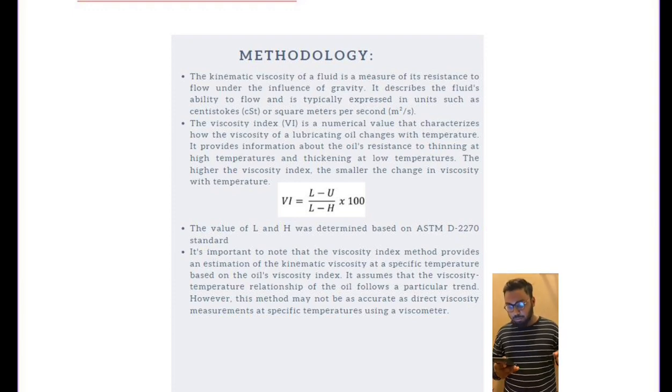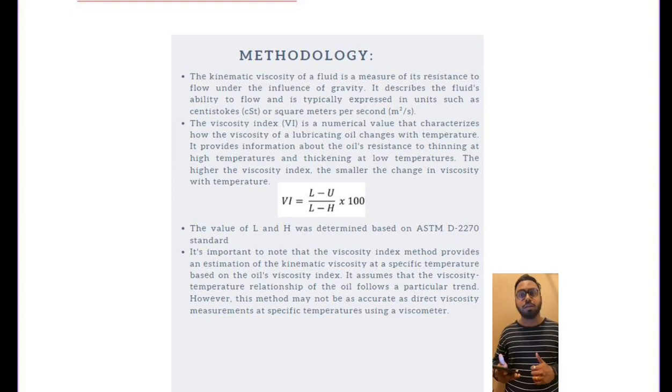It assumes that the viscosity-temperature relationship of the oil follows a particular trend. However, this method may not be as accurate as direct viscosity measurements at specific temperatures using a viscometer.